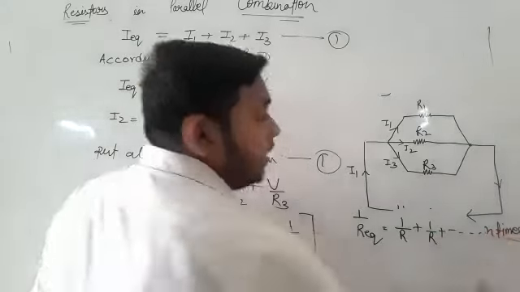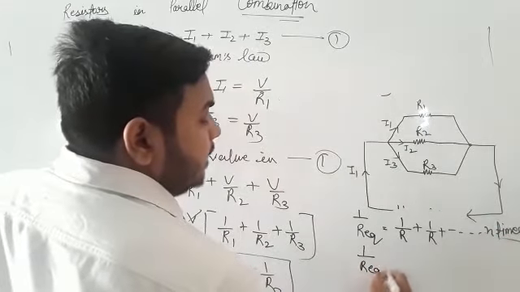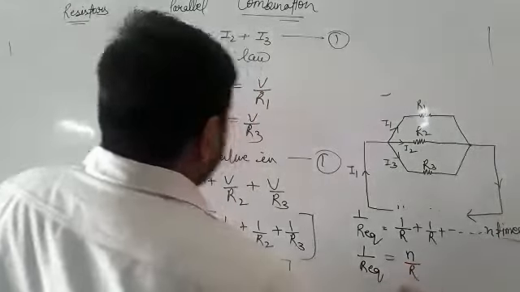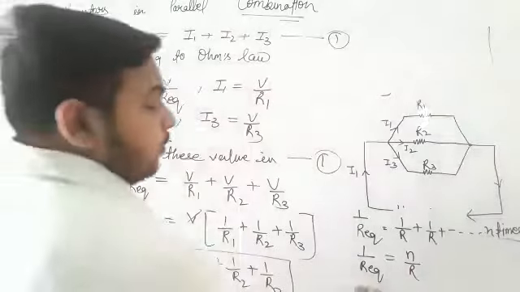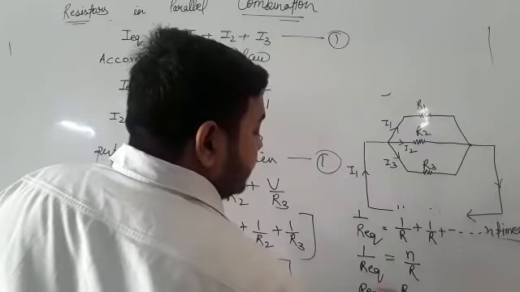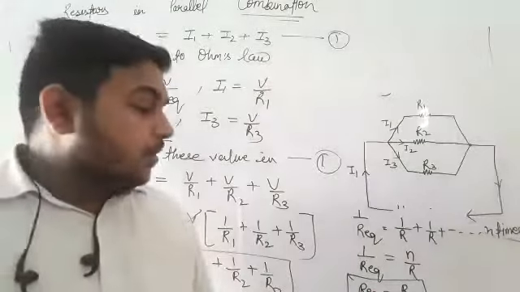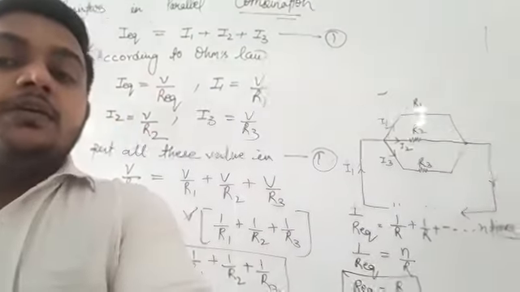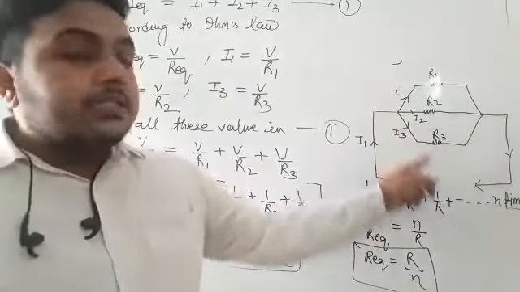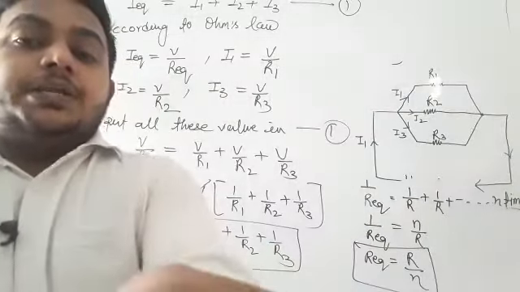How many times? n times. So the formula becomes 1 upon R equivalent is equal to n by R. By cross multiplication, we get R equivalent is equal to R by n. This is the formula of equivalent resistance when all the resistor values are equal and they are connected in parallel combination.